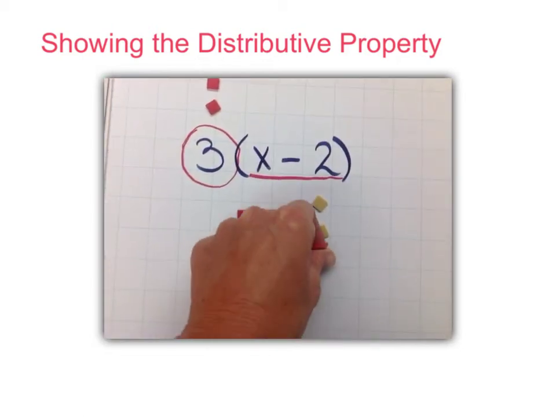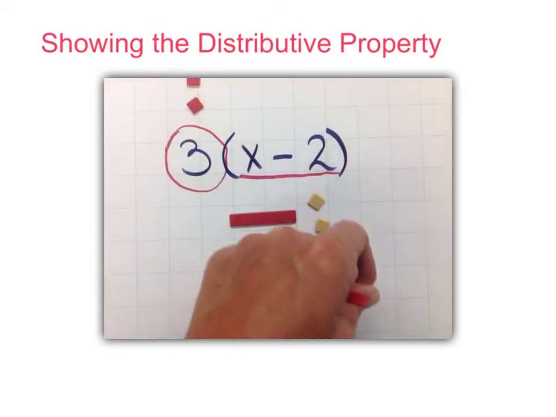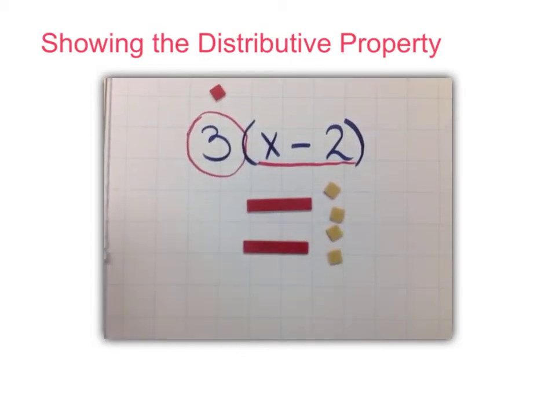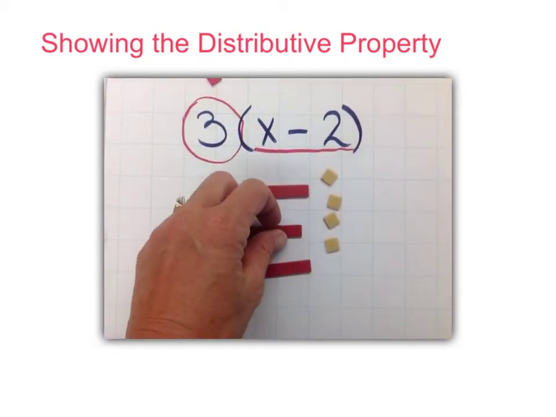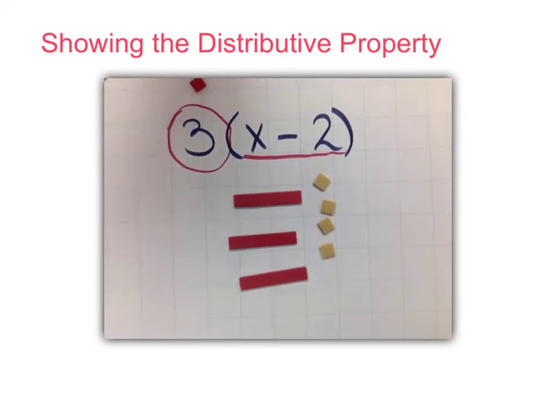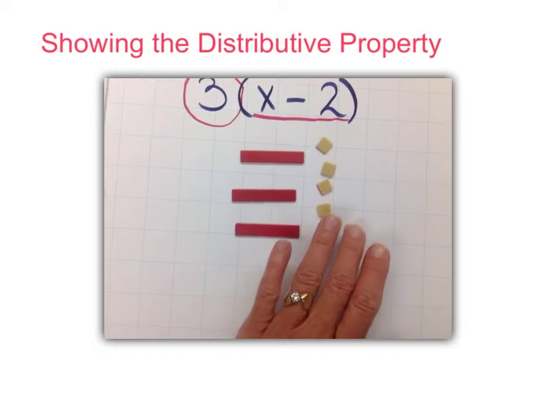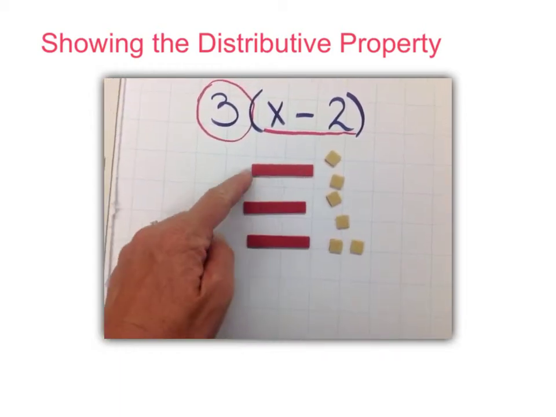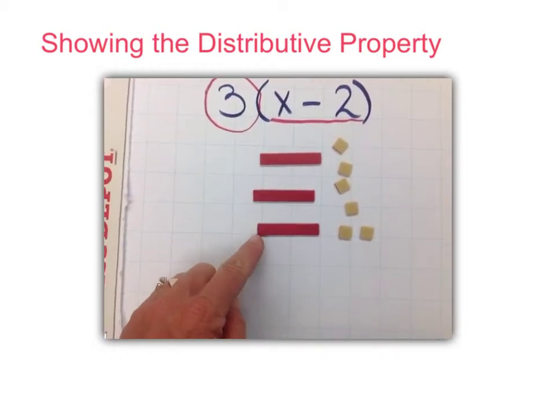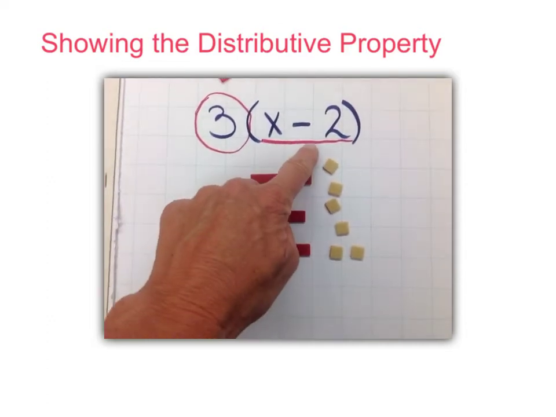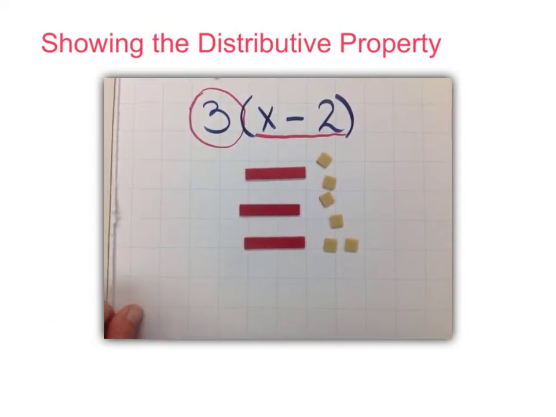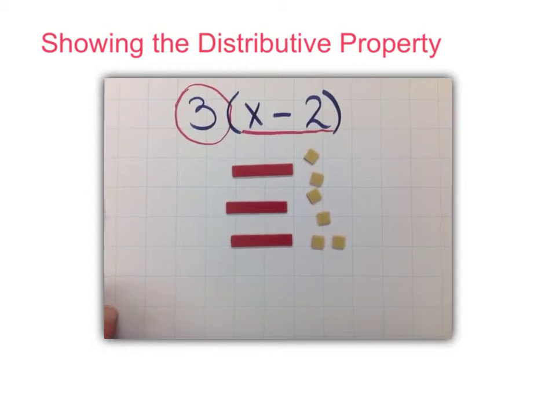Here is x minus 2, 2 times. And then here is x minus 2 for the 3rd time. Again, I have 1, 2, 3 times of x minus 2. Pause the movie and copy this drawing into your notes.